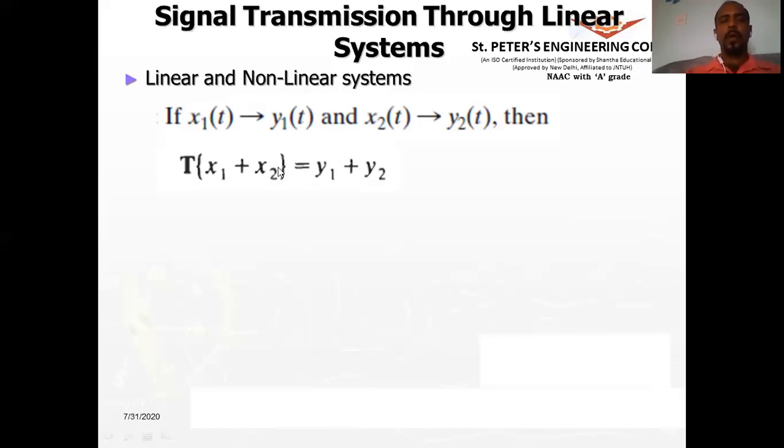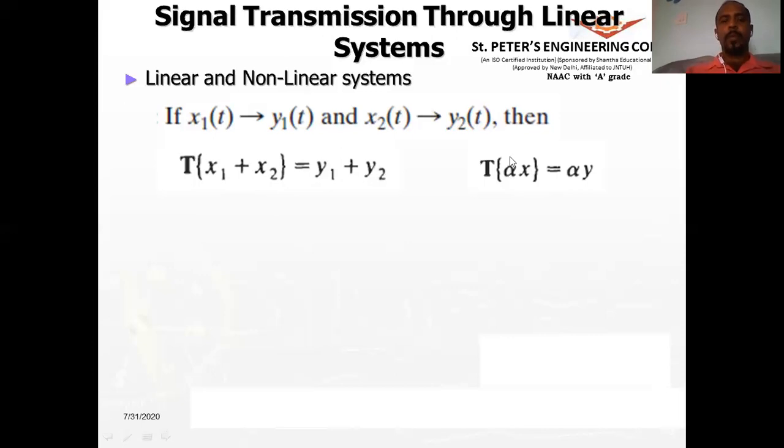If it gives the output which is the sum of the outputs y1 of t plus y2 of t, then we call the system a linear system. In simple terms, we call this: the total response will be equal to the sum of individual responses. That is what, in simple words, we call a linear system. So this linear system obeys the principle of additivity and the principle of homogeneity.